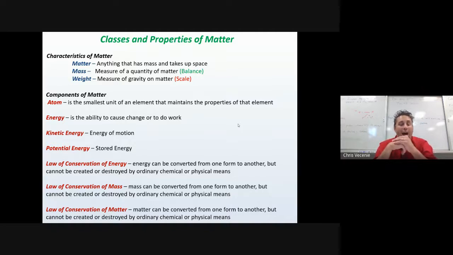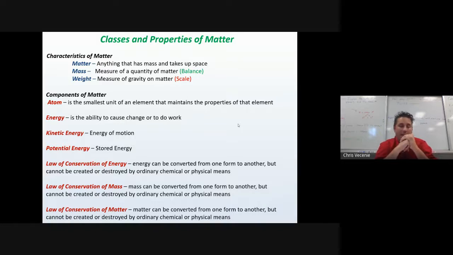If I take that bag of M&Ms and I put it on the moon, there are still the same number of pieces of M&Ms. So its mass never changes no matter where we are. Our balances in the lab measure the mass of substances.